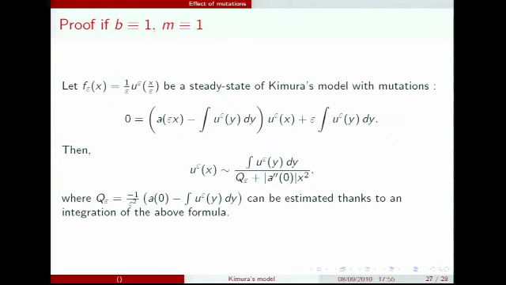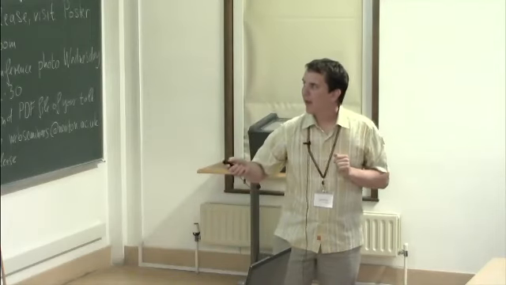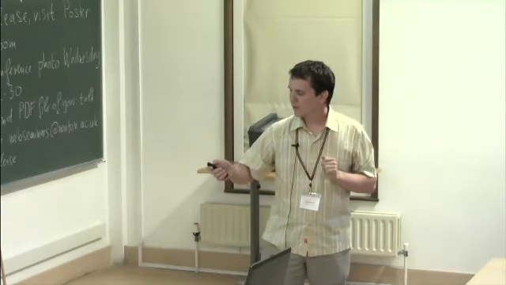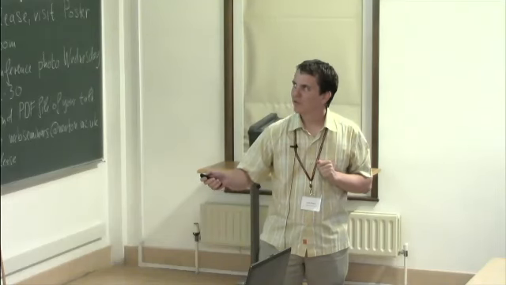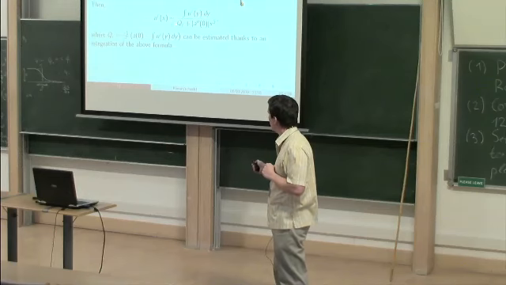And to show this, we use once again, we rescale the equation with epsilon to look closer and closer as the mutation goes to 0, because we know that the population concentrates. And then we use just the same trick as before, that is the population is equal to the mutation term over the fitness.